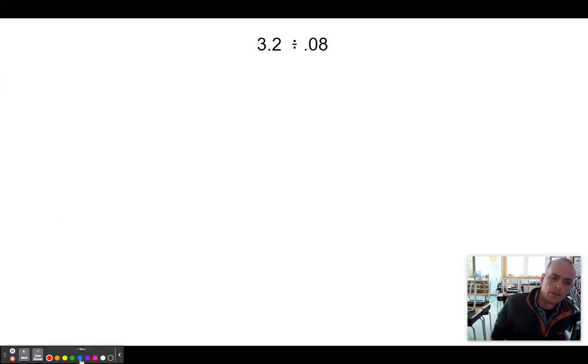Okay. To get rid of this, I have to multiply 8 hundredths by 100 to make it 8. Okay? What I do to one, I must do to both. So if I multiplied this by 100, meaning I moved the decimal 2 places, well, I got to do the same thing here.